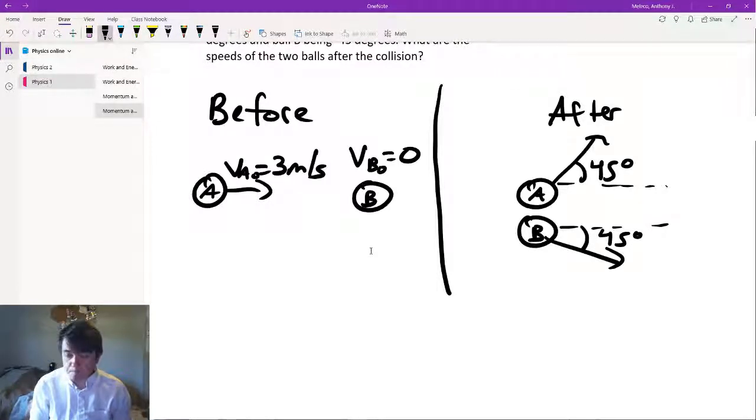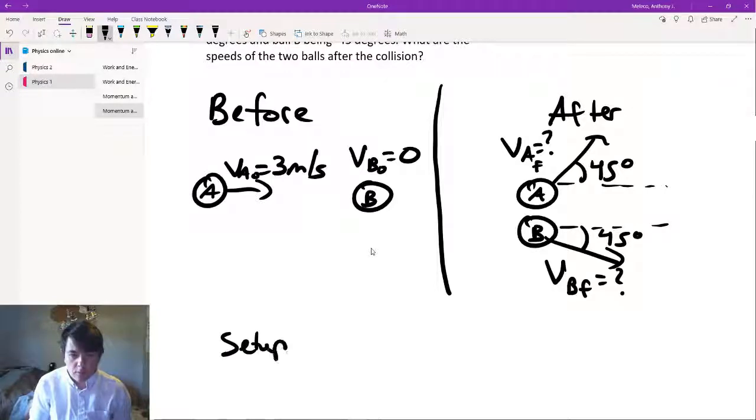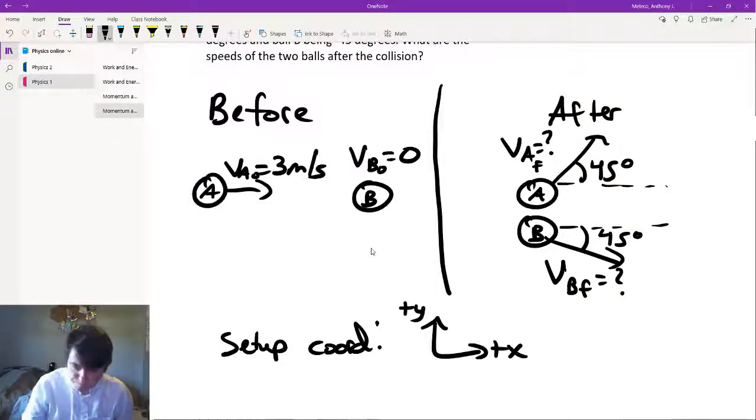At this point, for a 2D problem, here's VBF, we don't know it, and VAF, and we need to find it. You should set up a coordinate system. I'm going to do just a standard XY Cartesian.